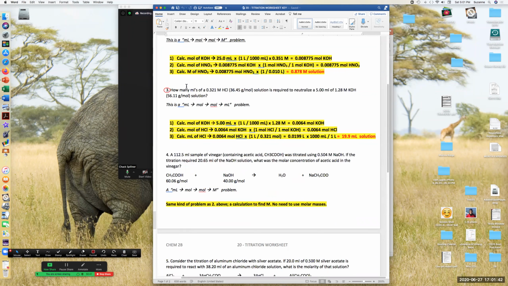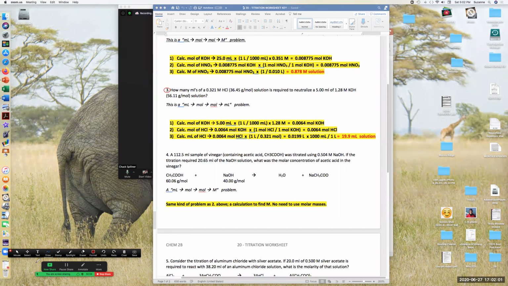So problem 3 now. It says, how many mL of a 0.321 molar HCl solution is required to neutralize 5 mL of 1.28 molar KOH solution?